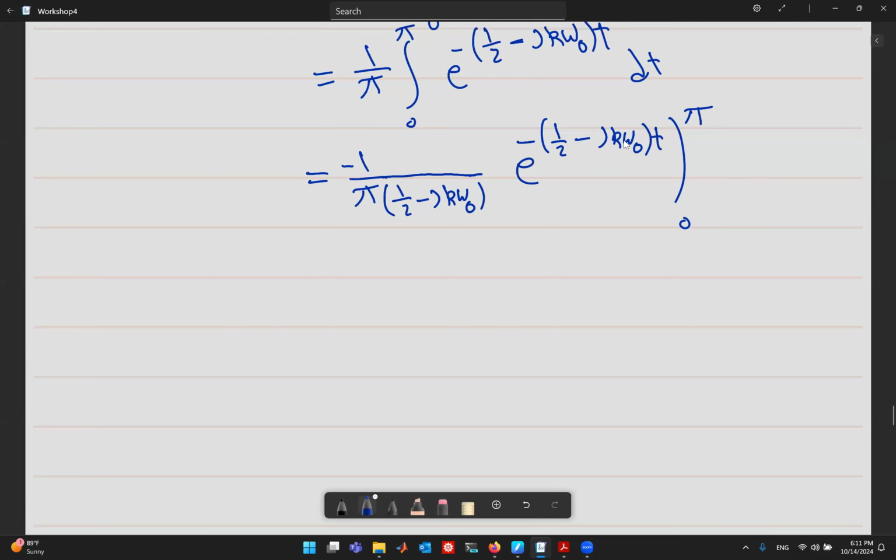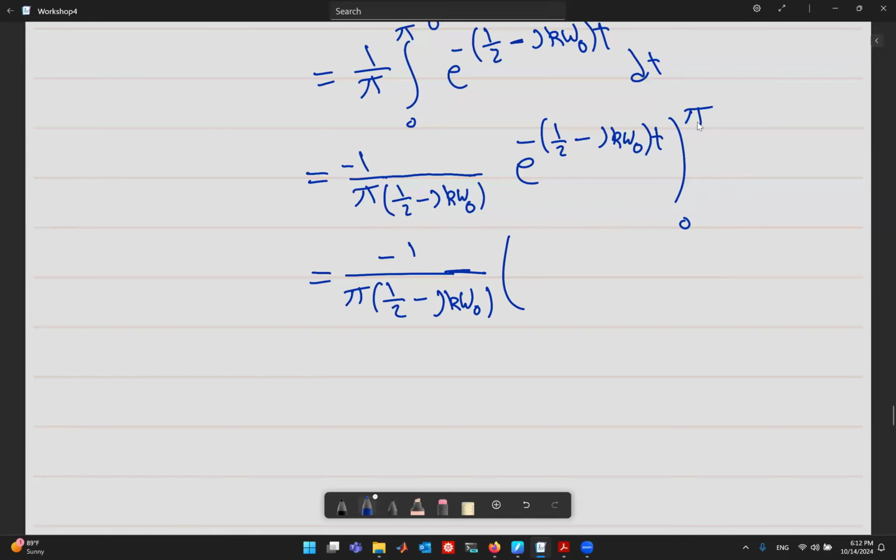Now, I think here it is better if we plug in the omega naught. Do you see why? Yeah, because we will get 2 pi here, and we can simplify. Minus 1 divided by pi times 1/2 minus j k omega naught.